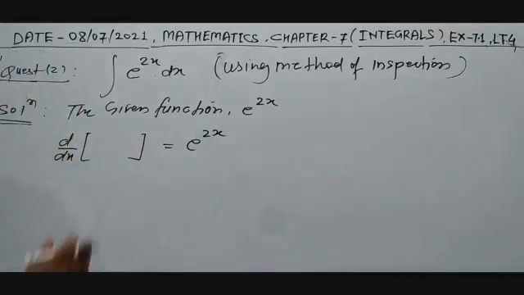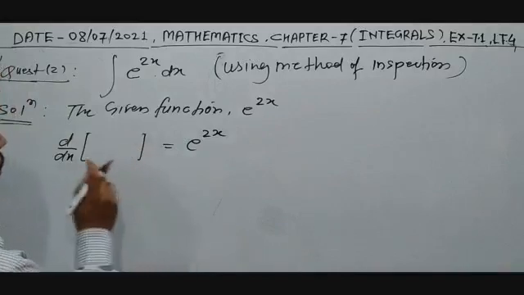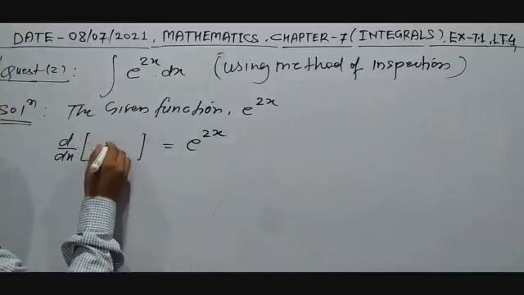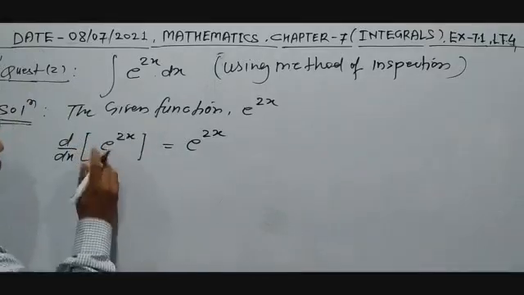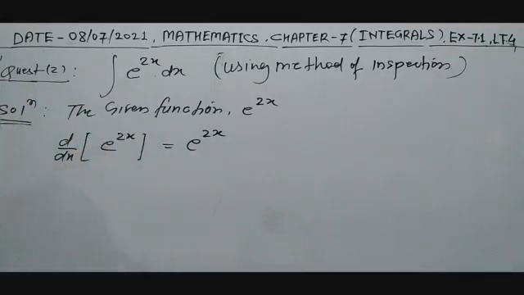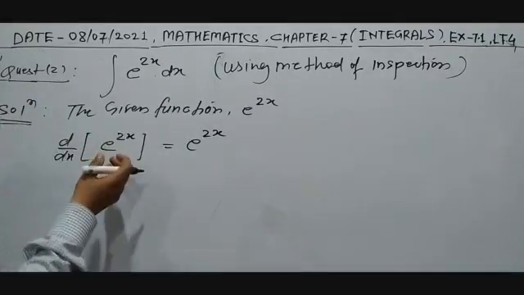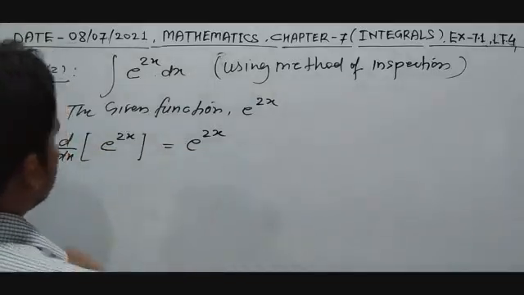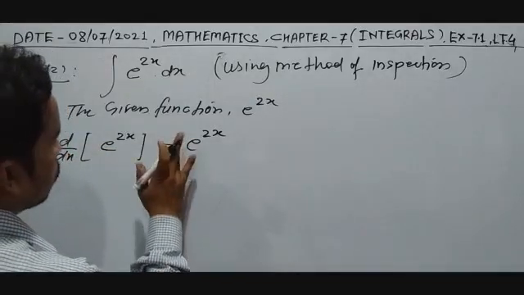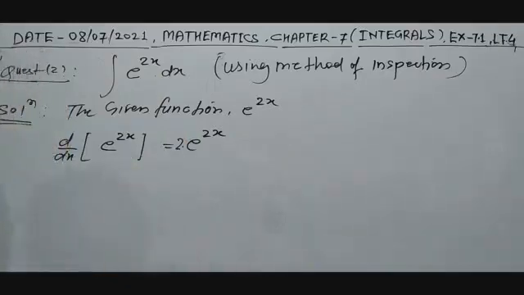And what can you put here? You know, the differentiation of e to the power 2x is 2 times e to the power 2x. So you can separate here.